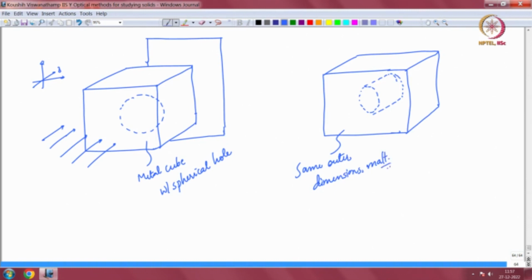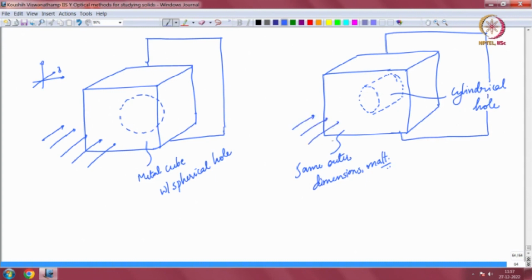So, from outside it looks exactly the same. In one case there is a spherical hole inside, in the other case there is a cylindrical hole. Okay. And you have the same screen that is sitting over here, and you are passing X-rays in the same direction along the Z axis, perpendicular to the xy plane.